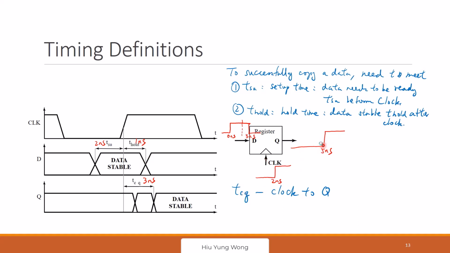Otherwise, I won't be able to copy it successfully. So you need to be ready for 2 nanoseconds and 1 nanosecond here. My clock comes at 2 nanoseconds, and the data will be ready in 5 nanoseconds. Okay. Any questions? Is that clear? Yes, sir. Thank you.